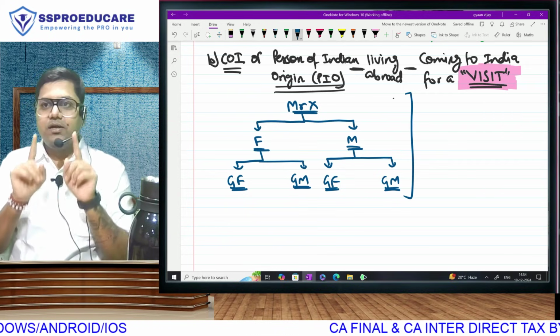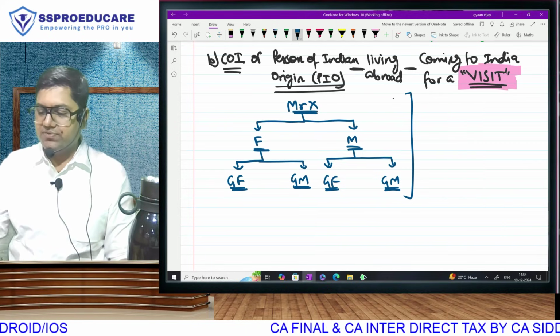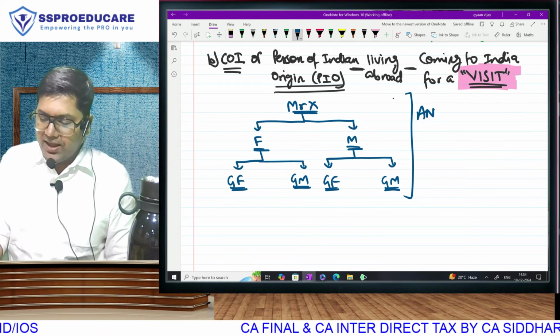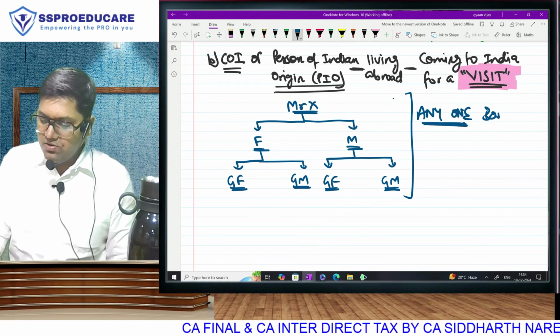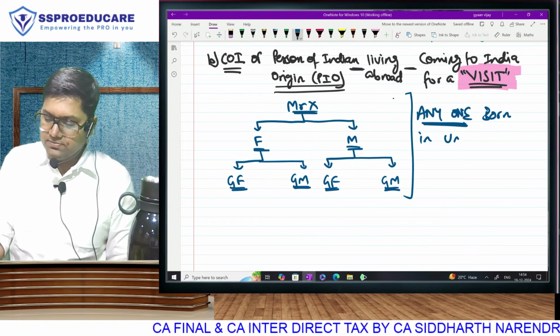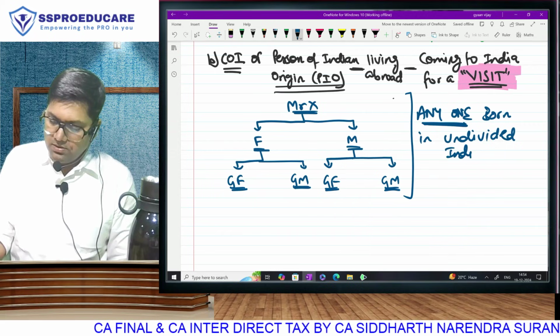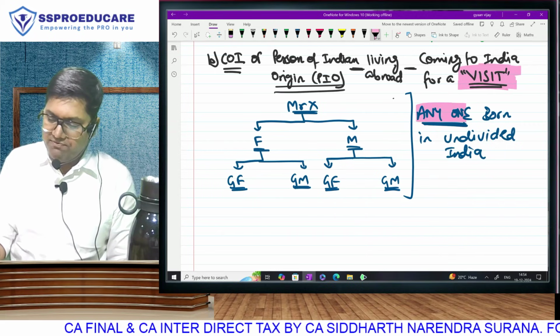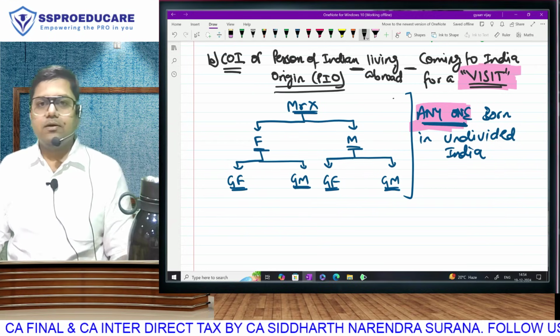Totally 7. Out of these 7 people, if anyone was born in undivided India.